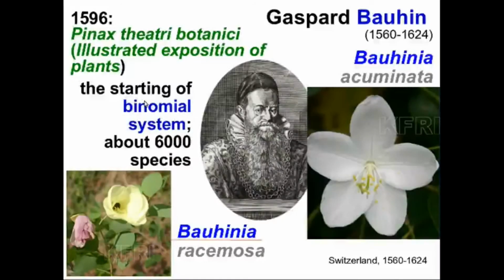But during that time it was not consistently used. At times they used the polynomial system, and at times the binomial system, and there was no consistency in the nomenclature. He is a great scientist, and in his honor the genus Bauhinia is named.